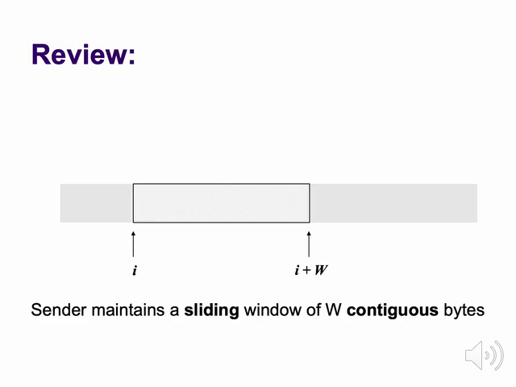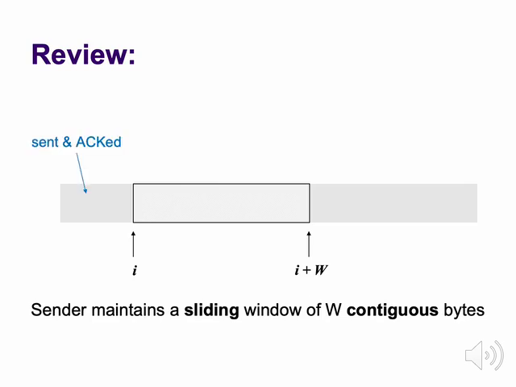So I'd like to start with a quick review of TCP reliability, and in particular this notion of a sliding window and how that protocol works. Going back a few lectures, we said that a sender maintains a sliding window of W contiguous bytes. In this figure, if my window at the sender starts at a byte offset of I and my window size is W, then this range of bytes from I to I plus W constitutes the sender's current window.